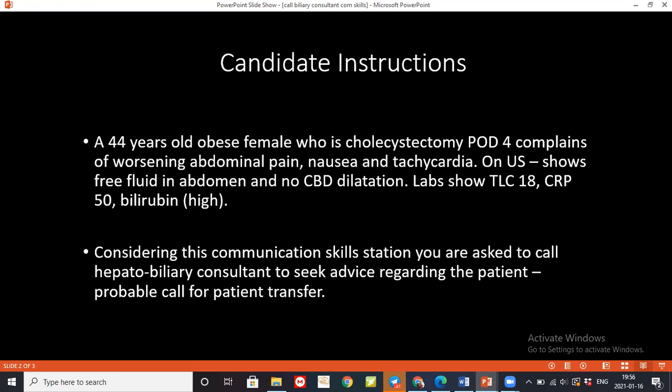The best investigation is full blood count, important WBC and hemoglobin, and urea and electrolytes, and ultrasound to detect the collection, and the MRCP and ERCP to detect the source of leakage, as diagnostic and therapeutic to put the stent. Okay, so is it urgent? Yes, to avoid biliary peritonitis.